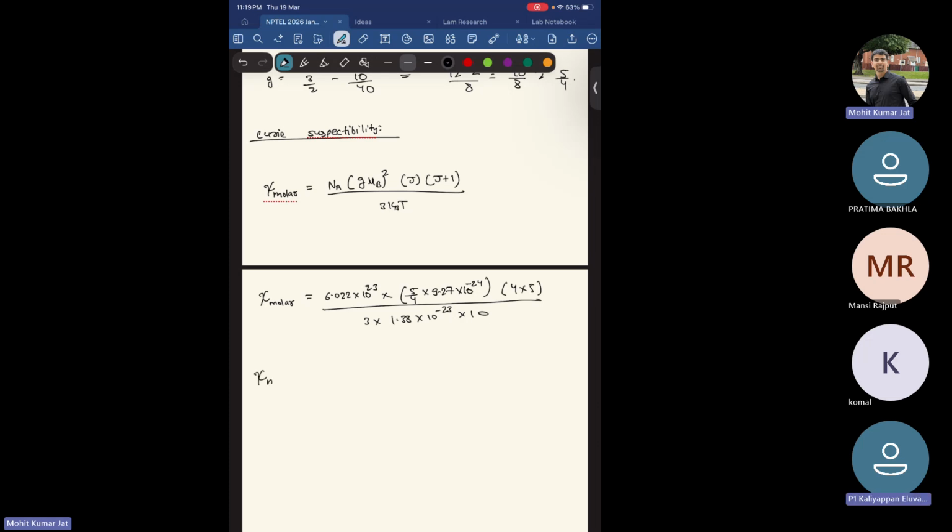So chi molar is 3.906 times 10 to the power minus something meter cubed per mole.